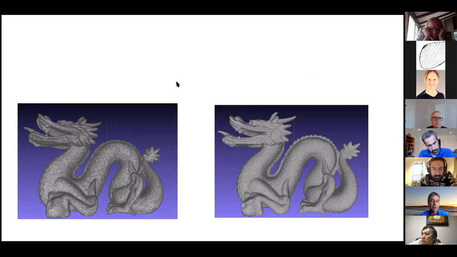In the old days, those of us who had CRT TVs, when you got a bad channel, you got all this random noise on the screen. And that's sort of what the pattern looks like on the left. There's a lot of random noise because the triangles have all kinds of shapes. Whereas on the right, you see it's much more evenly shaded because the triangles are much more regular.